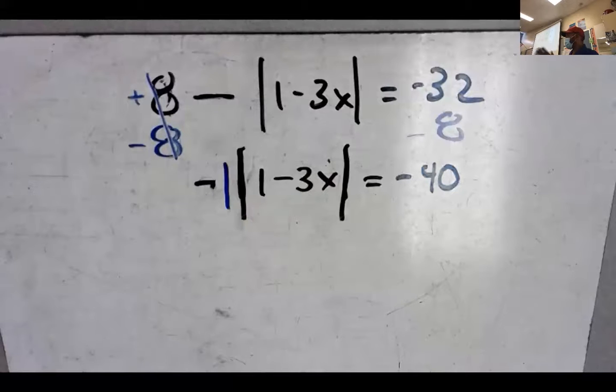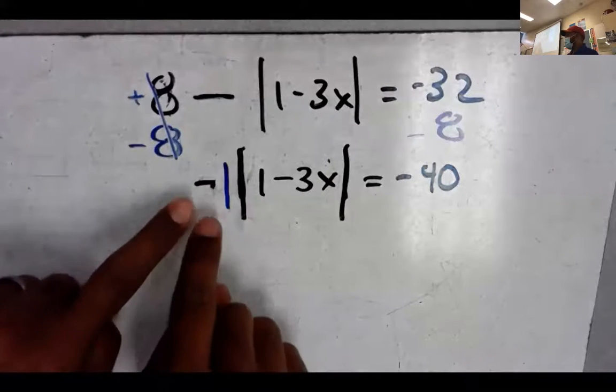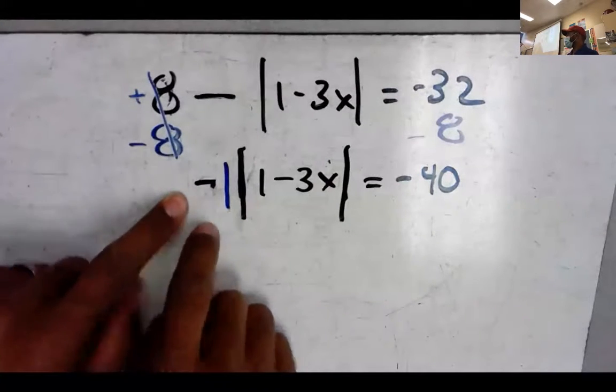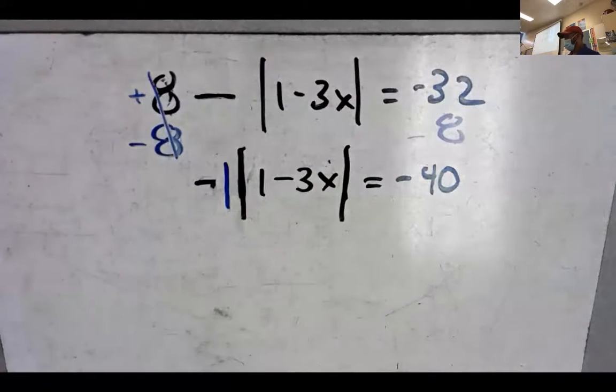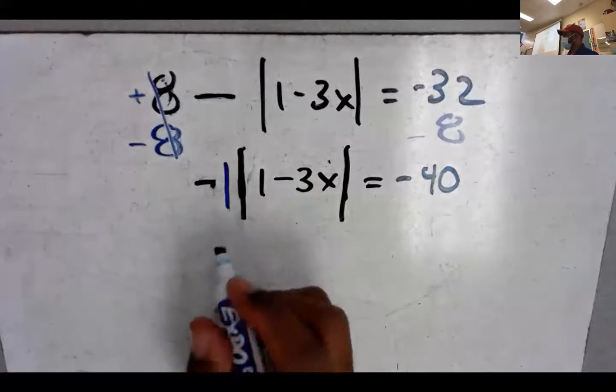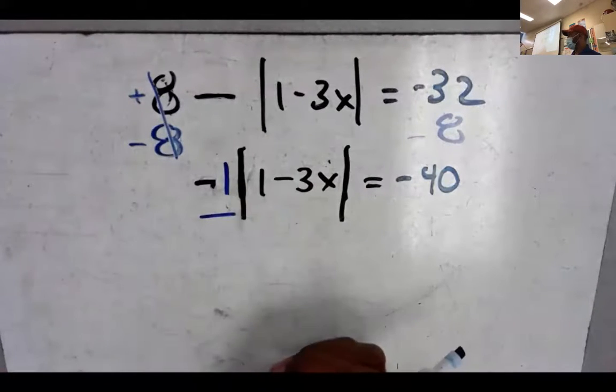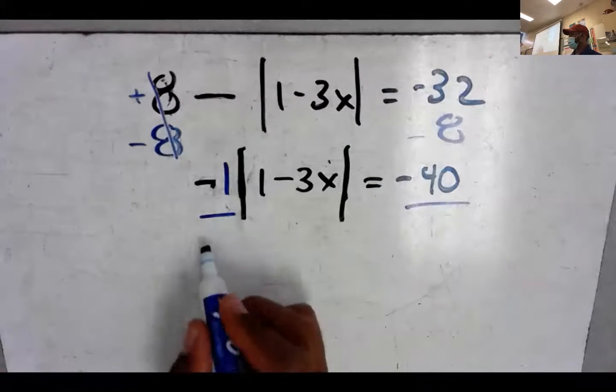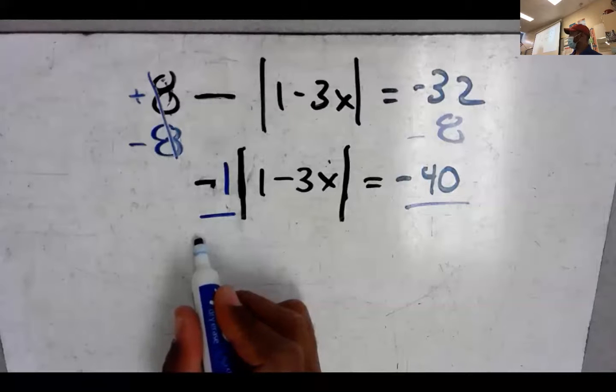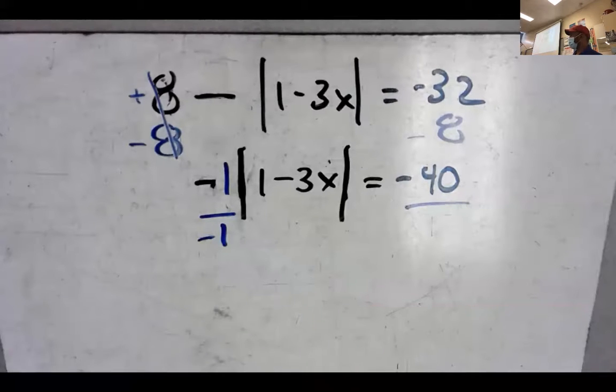All right, but just like the problem before, I can't have a negative there. So what do I do? Not positive 1. I need to divide by the same number, negative 1.